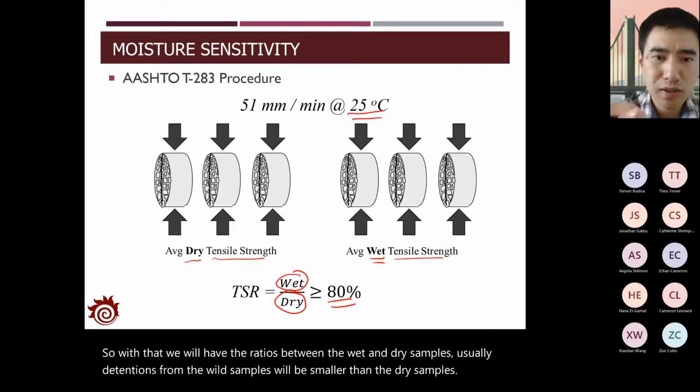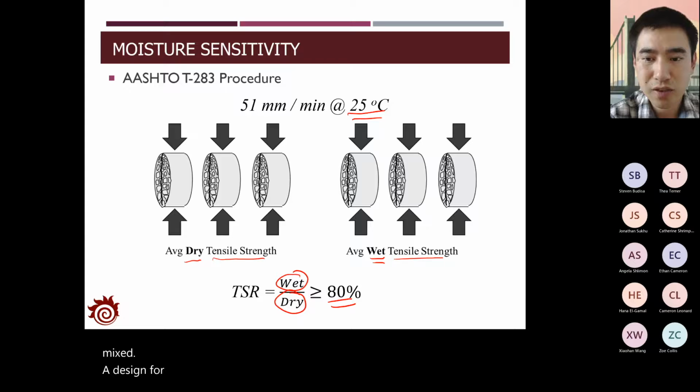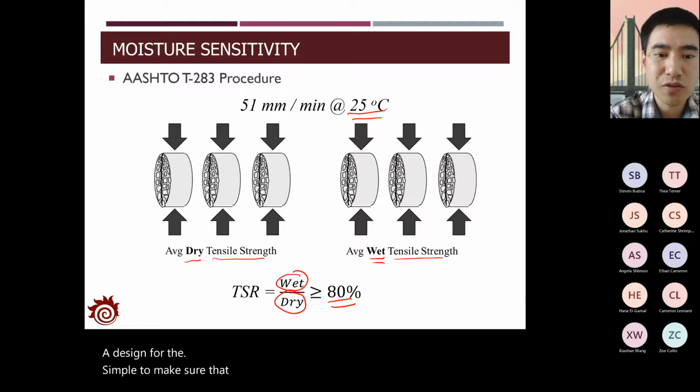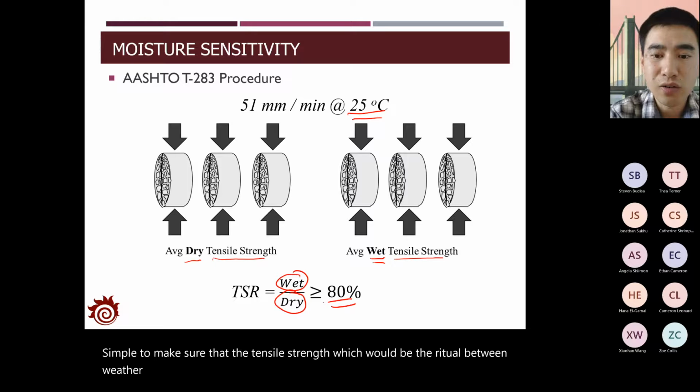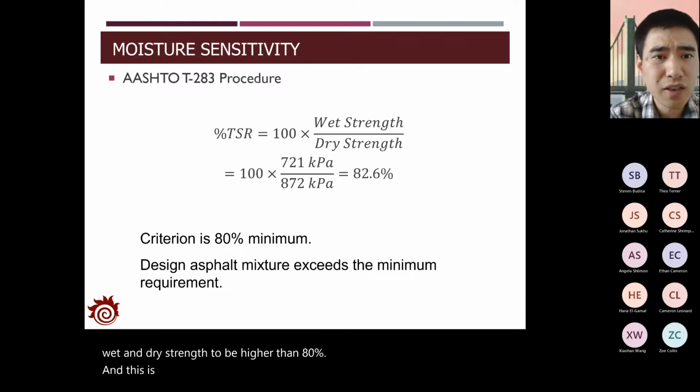But we want to control the design of the Superpave mix for the sample to make sure that the tensile strength ratio, which is the ratio between wet and dry strengths, is higher than 80%.